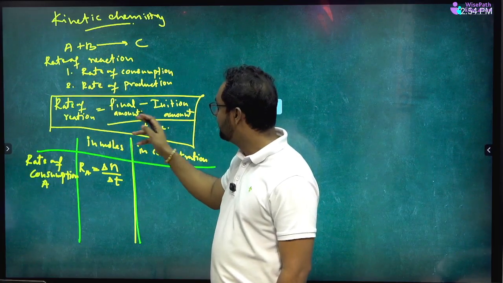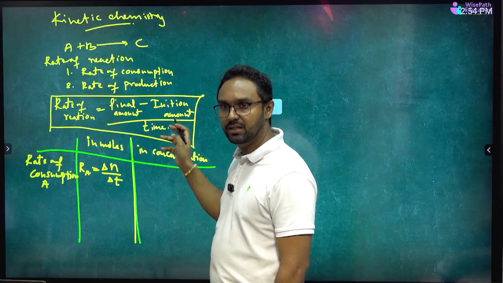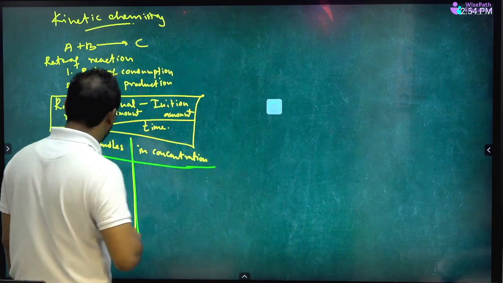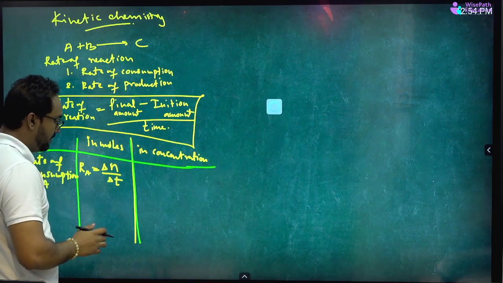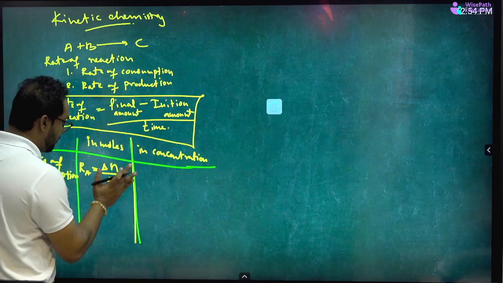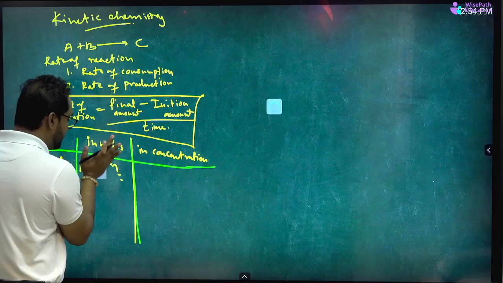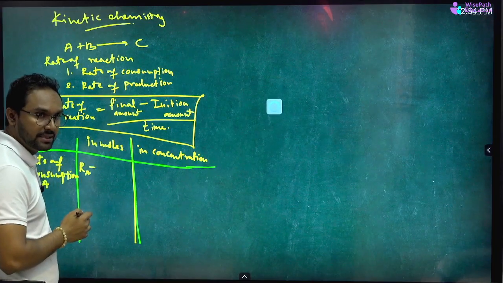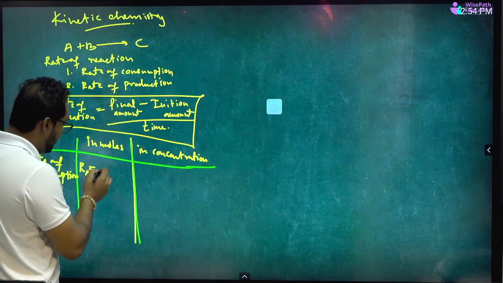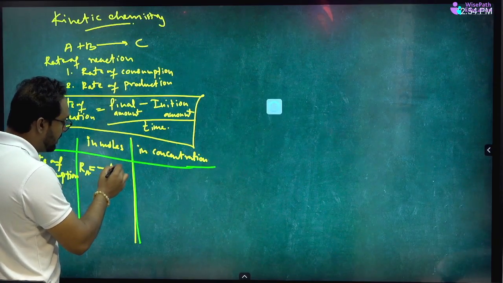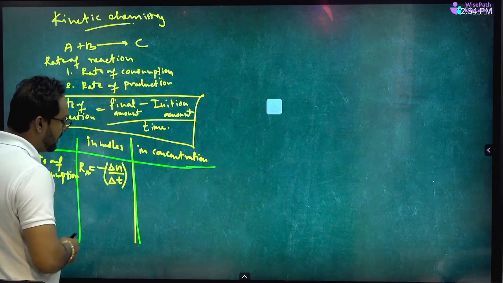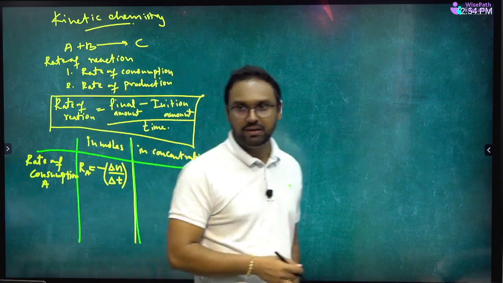So final minus initial will give you a minus value. So the rate of consumption is also always a minus value. Therefore, to make it a plus value, you have to multiply this by minus. So RA equals minus delta N over delta T.